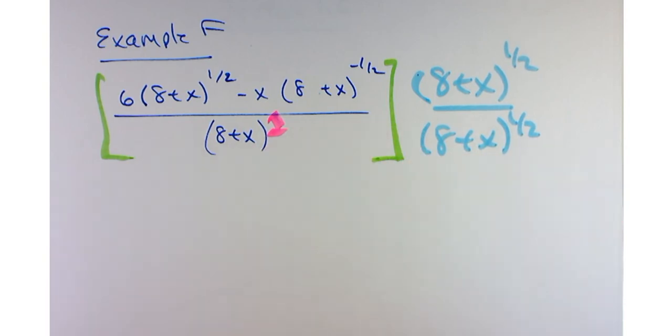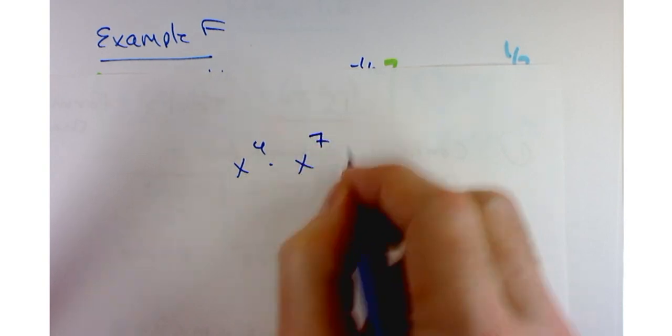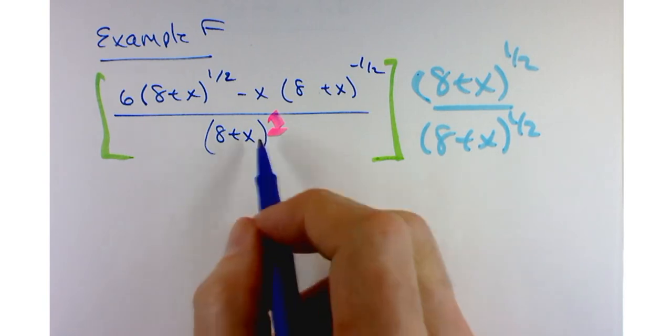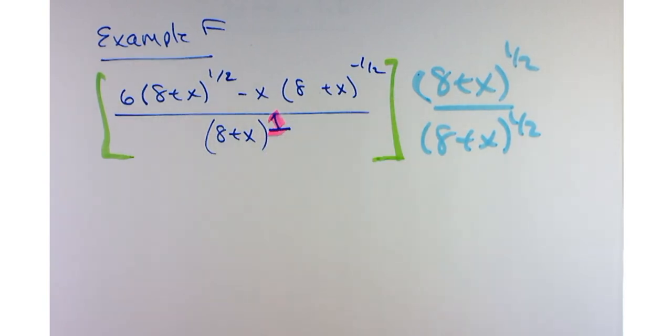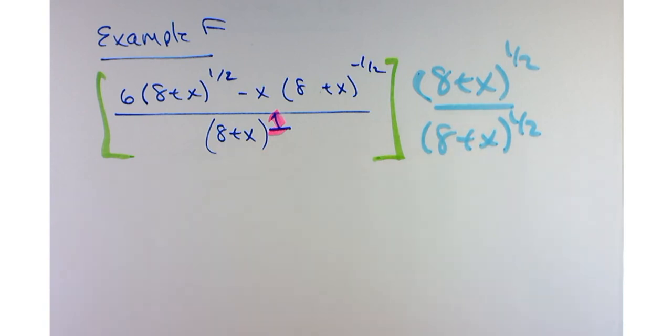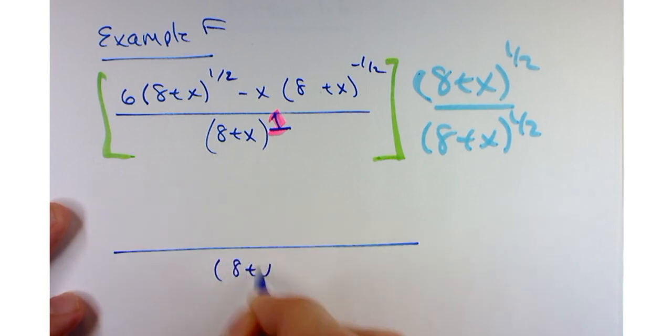So, for instance, if you had x to the 4th times x to the 7th, you'd add these and get x to the 11th, right? Same thing's going to happen here. It's not written, but it's understood to be a 1 there. 1 plus 1/2, 1.5, or 3/2. So I'm just going to write 8 plus x to the 3/2 here.